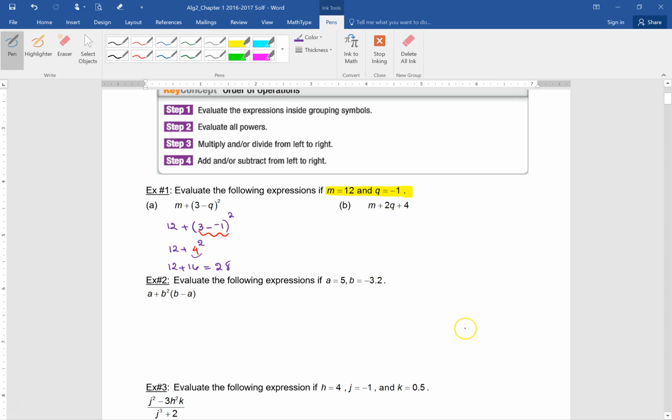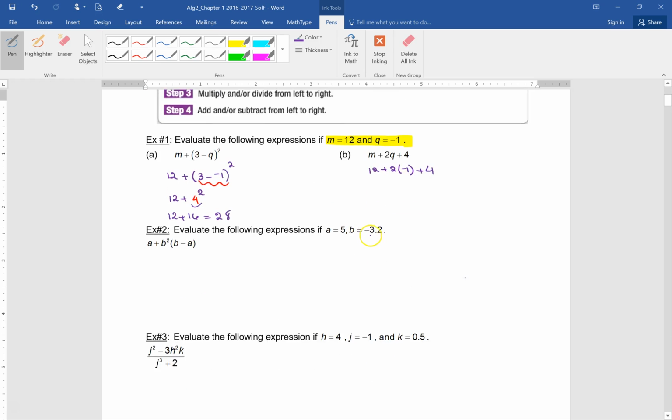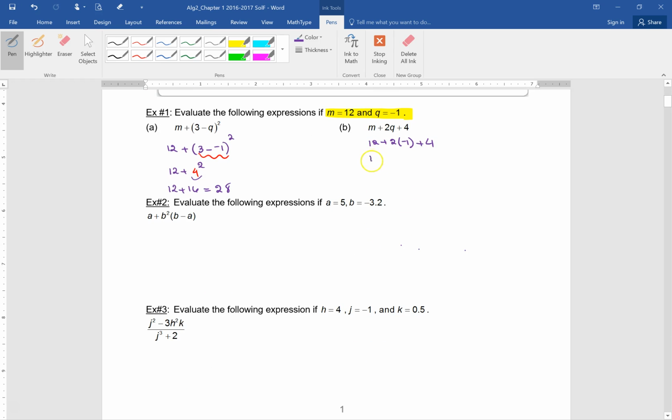All right, so here we have M, which is 12, plus 2 times Q. Now, Q is a negative number, so what should I do to it? Put it in parentheses, plus 4. So 12 plus or minus?